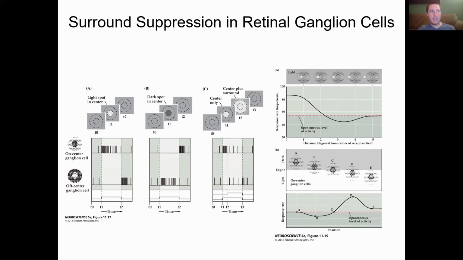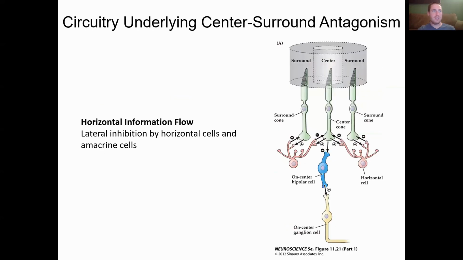So what is the molecular basis of this, or what is the circuitry basis of this? We've been talking about the vertical information flow, but there's also the horizontal information flow, if you remember from the previous lecture. And that's lateral inhibition provided by horizontal cells and amacrine cells. So here we're just showing the horizontal cells.